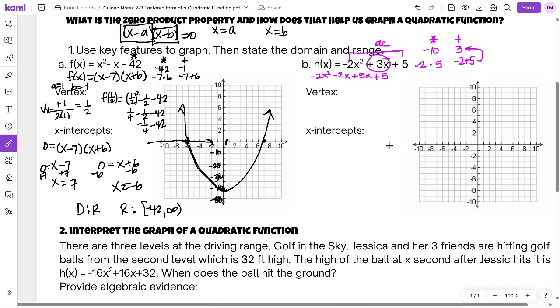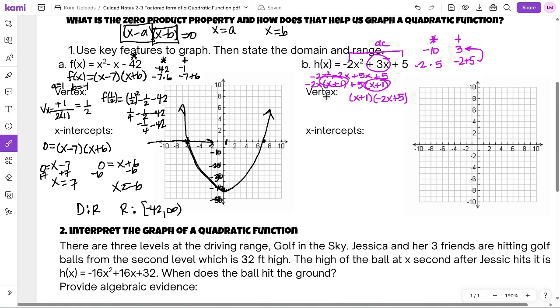I multiplied A and C, and then I'm going to take out common factors. So I'm going to factor out a negative 2x, and that leaves me x plus 1. And then I'm going to factor out a 5, and that leaves me x plus 1. And then I'm going to factor out the common factor of x plus 1. And my leftovers are negative 2x plus 5.